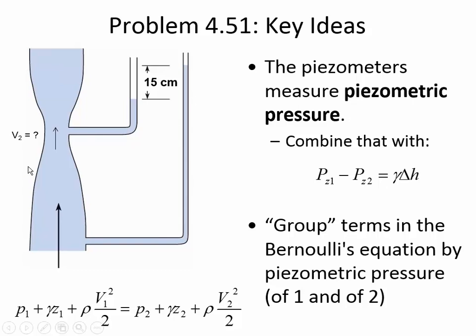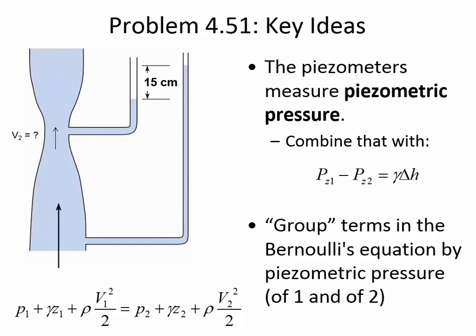And so remember that these are measuring piezometric pressure, and the definition of piezometric pressure you can get by grouping the terms like we just did in this example a few moments ago. If you rearrange Bernoulli's equation in terms of P1 plus gamma Z1 minus P2 plus gamma Z2, then on the other side of the equation you're going to have the difference in velocities.